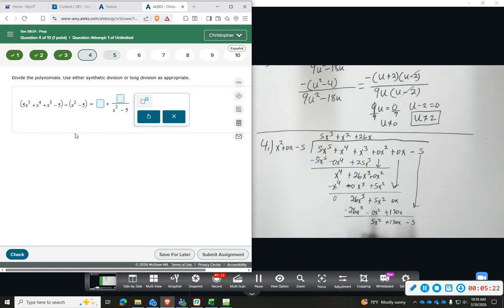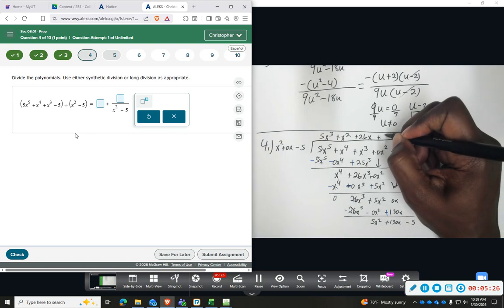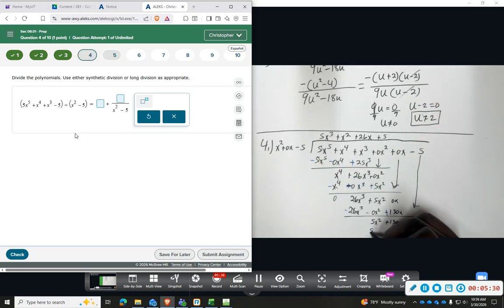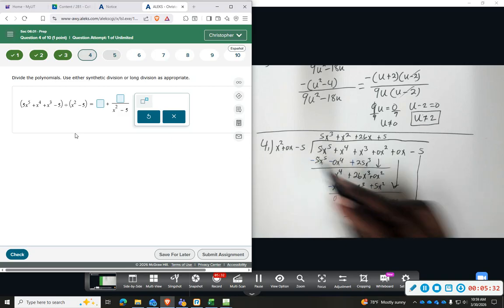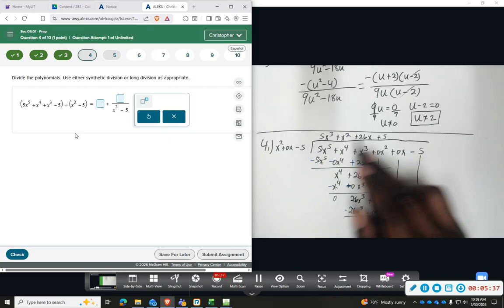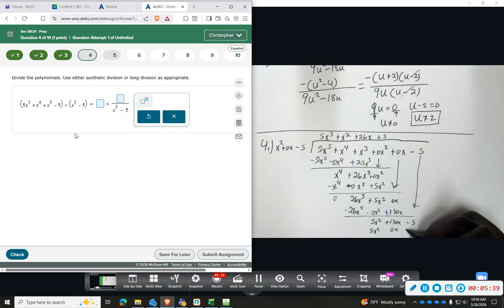So x squared same. I just do 5 times 1. So positive 5. 5 times x squared. 5 times 0x will just be 0, and then 5 times negative 5, negative 25.